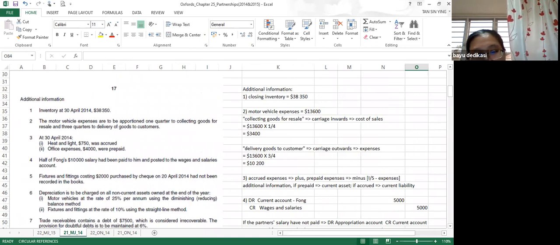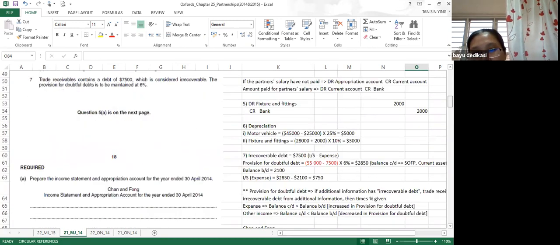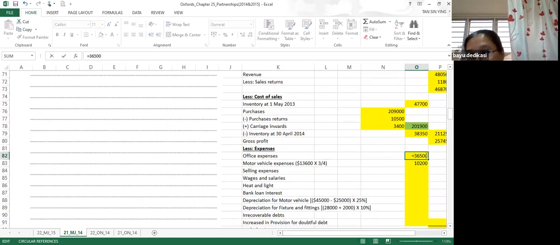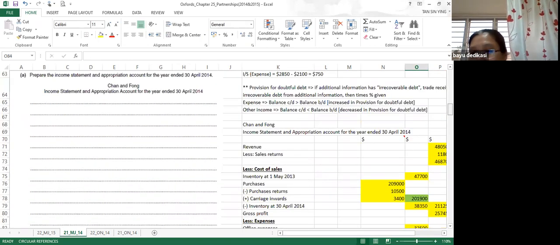You saw number 3 information: office expenses 4,000 were prepaid. So prepaid had to plus or minus? Okay, good. Next, selling expenses.